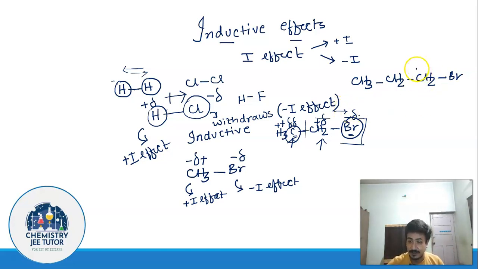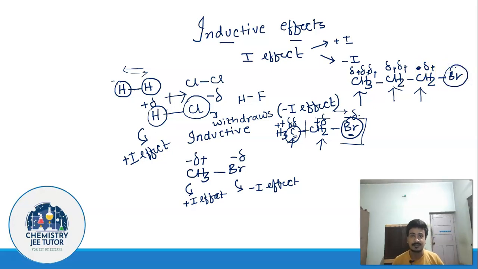In this case, this one is going to attain a delta positive character, this one as well, and this one too. So this one is going to attain the least positive character, followed by this, and this one is going to have the most positive character because it is directly attached to this electronegative bromine atom.